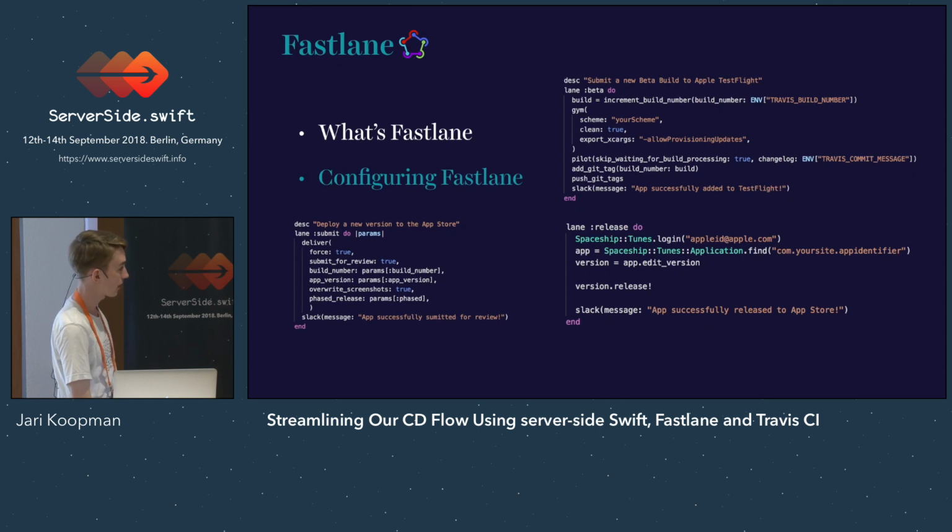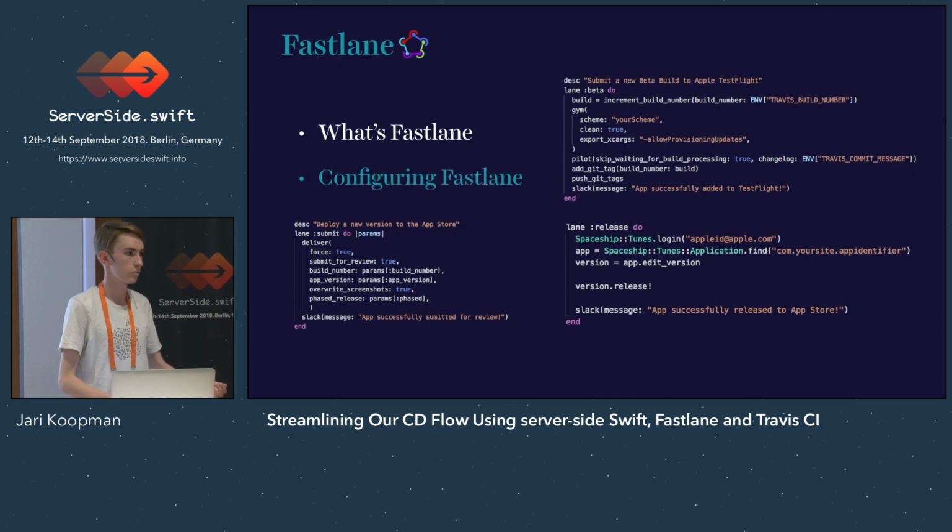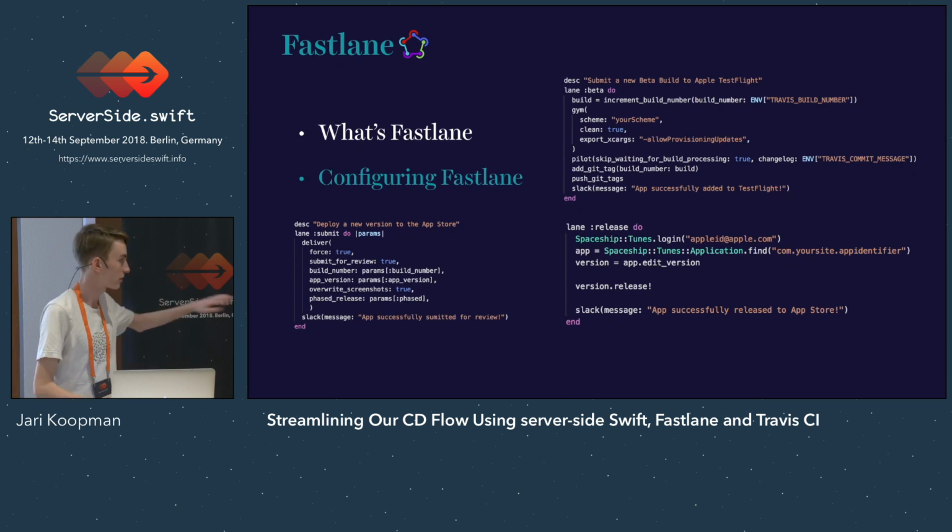If you don't have an edit version, like you don't have a version submitted or Apple hasn't finished reviewing it yet, it will just give you back a Fastlane error that says, hey, you said find this version that's ready for release. We don't have a version that's ready for release, so what are you doing? And it will just fail and not release the version because there is no version to release.